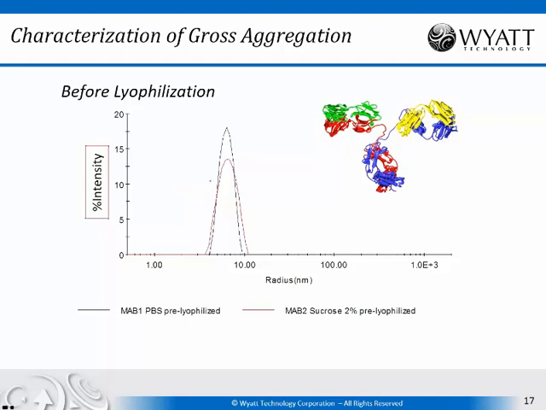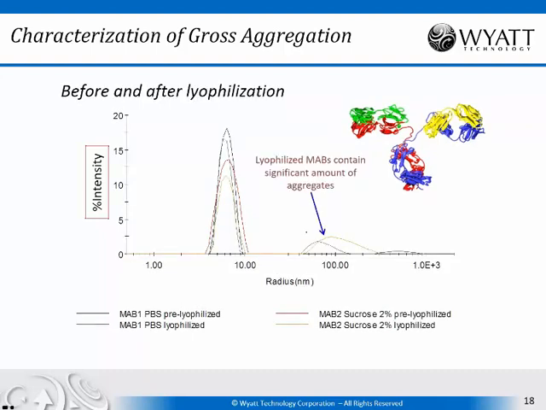So before lyophilization, you can see that we have some pretty nice sharp distributions here. This is considered nice and monomodal and relatively sharp, and you can see there are not many aggregates in either one of them. The sucrose does have a little bit of increased width, and that's probably due to a little bit of interference from the sucrose because it can form some small nanoparticles.